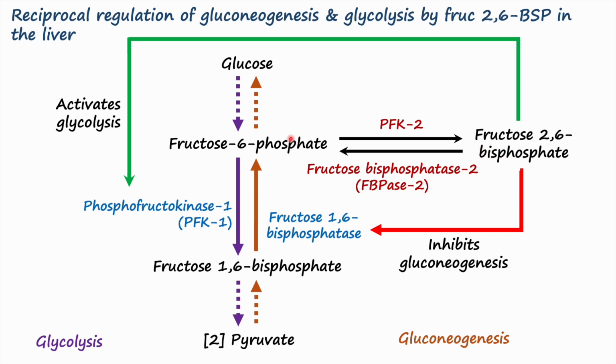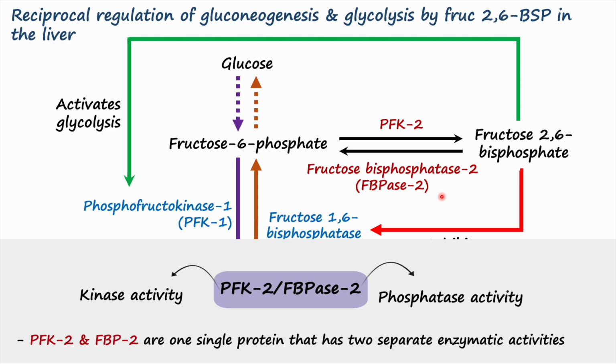Now the interesting fact about PFK2 and fructose bisphosphatase 2 is that these two enzymes are basically one single protein that has two separate enzymatic activities. So this bifunctional enzyme has an N-terminal regulatory domain followed by a kinase domain and a phosphatase domain. So PFK2 has kinase activity and fructose bisphosphatase 2 has phosphatase activity.